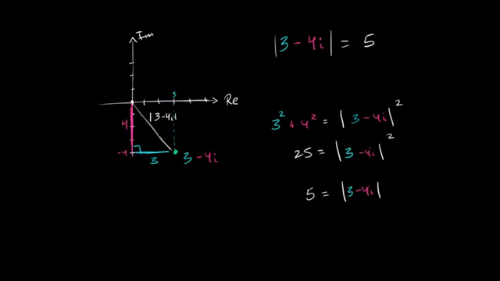So another way of doing it, if you didn't want to visualize all of this, but this is really what we're doing, you could say this is just going to be equal to the real part squared plus the imaginary part squared, added together, and then take the square root, the principal root, which is just the positive square root. So that's going to be the square root of 9 plus 16, which once again is equal to 5.